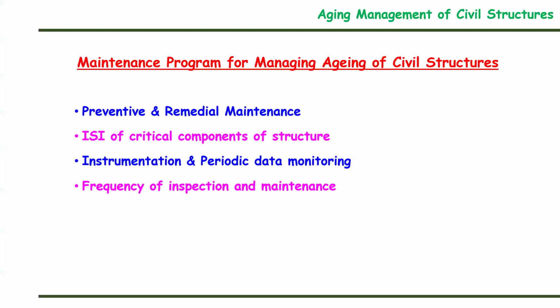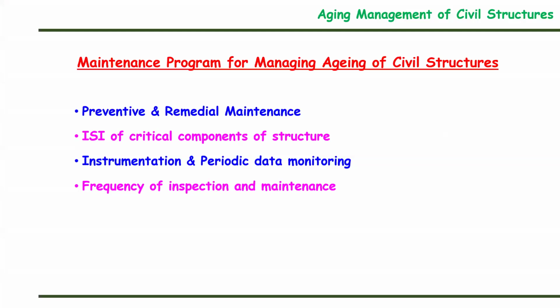The last step in the effective aging management program would be the maintenance and in-service inspection, the maintenance strategy, which will involve the in-service inspection and the preventive and remedial maintenance. Based on the structural assessment, we can carry out preventive maintenance.